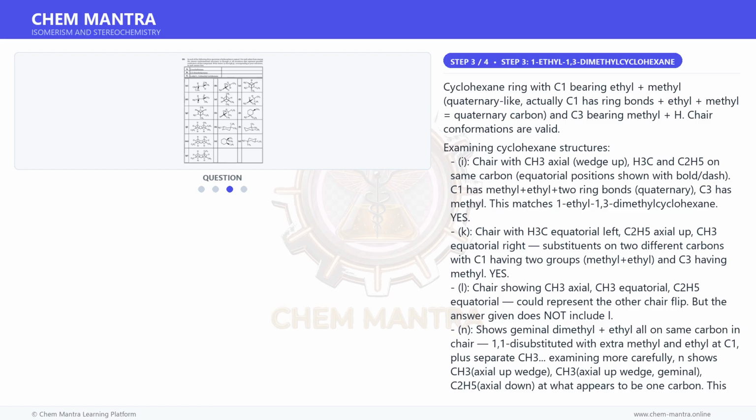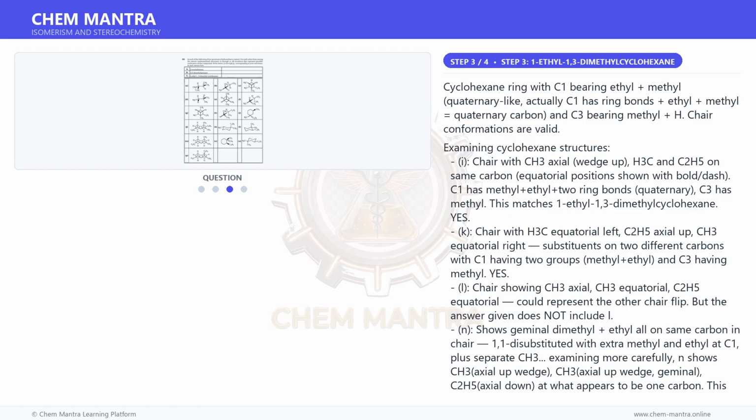This matches 1-ethyl-1,3-dimethylcyclohexane. Yes. K: chair with H3C equatorial left, C2H5 axial up, CH3 equatorial right, substituents on two different carbons, with C1 having two groups, methyl plus ethyl, and C3 having methyl. Yes. L: chair showing CH3 axial, CH3 equatorial, C2H5 equatorial, could represent the other chair flip.